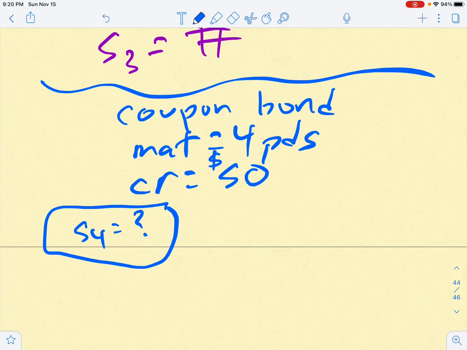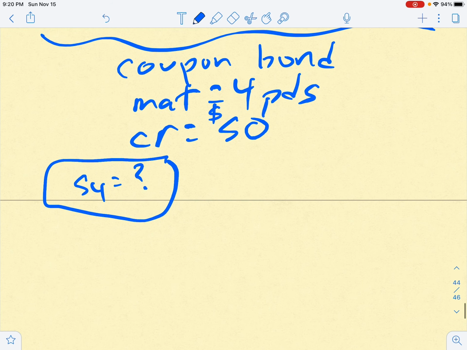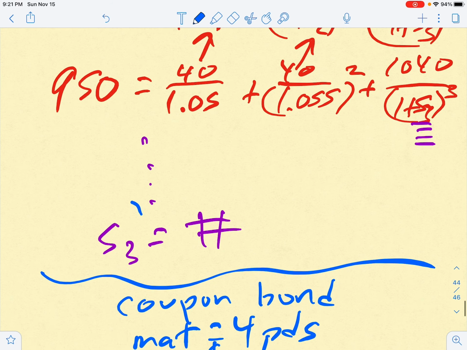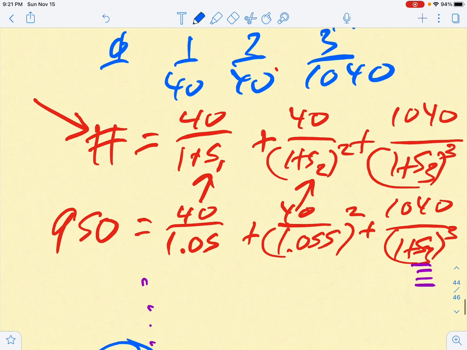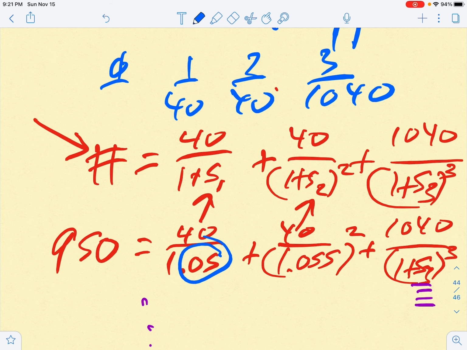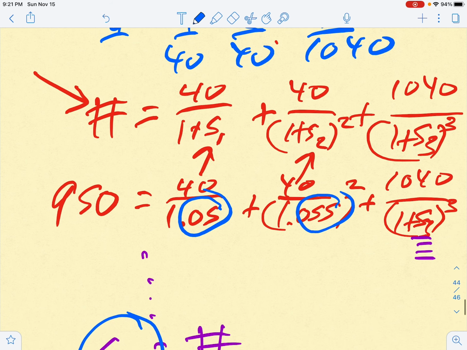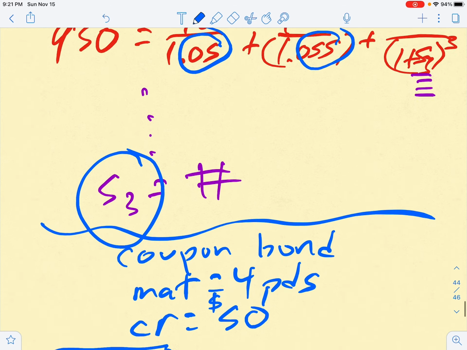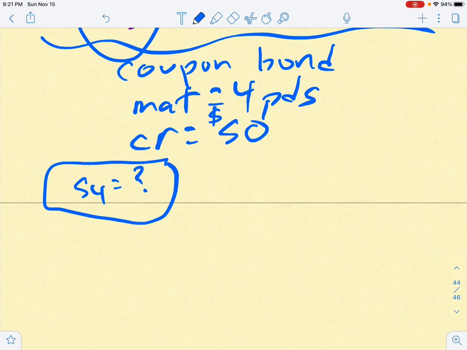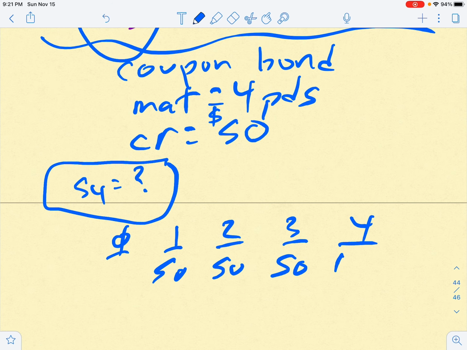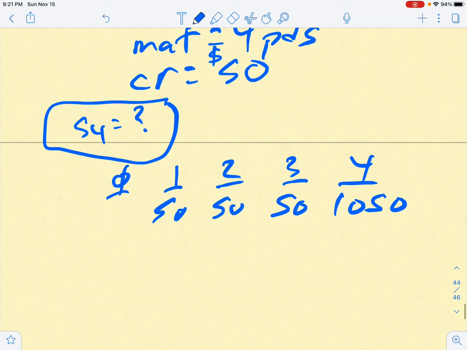We don't trust it, because of wide bid-ask spreads for 4-period maturity treasury strips. The idea is we can take advantage of our knowledge of S3 that we just got, in combination with S1 and S2, so that we can get S4. The promised cash flow stream for the 4-period bond is 50, 50, 50, and 1,050.